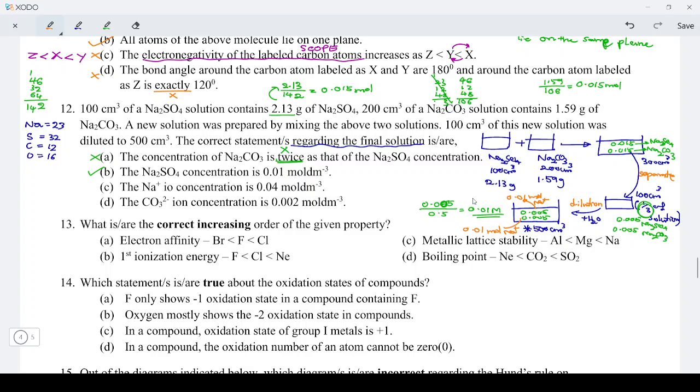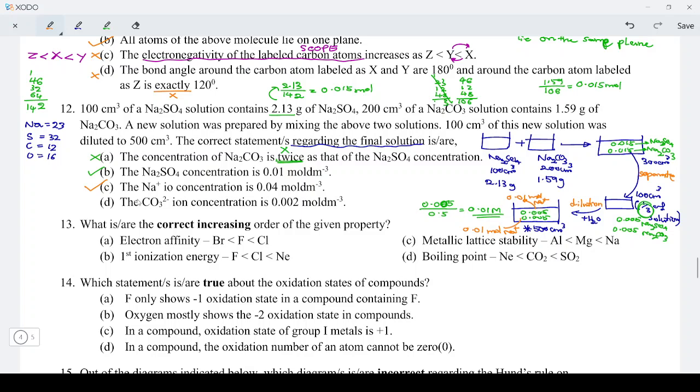So if you divide it by 0.5, then you will have 0.04. Or you can just think and tell, if the compound concentration is 0.01, the sodium concentration should be 4 times like that, because each one has 2 sodium plus ions and the concentrations are equal.